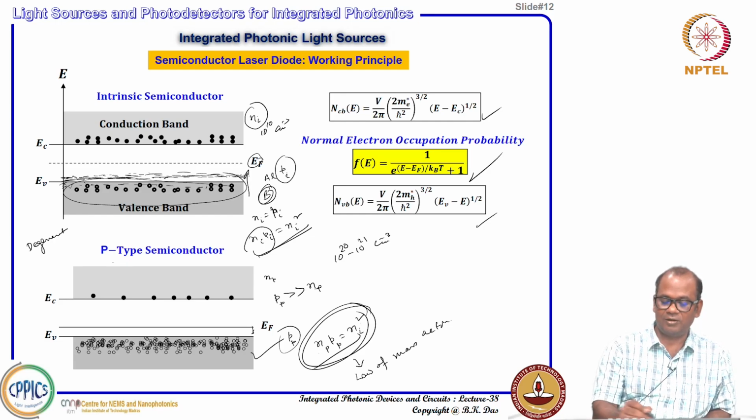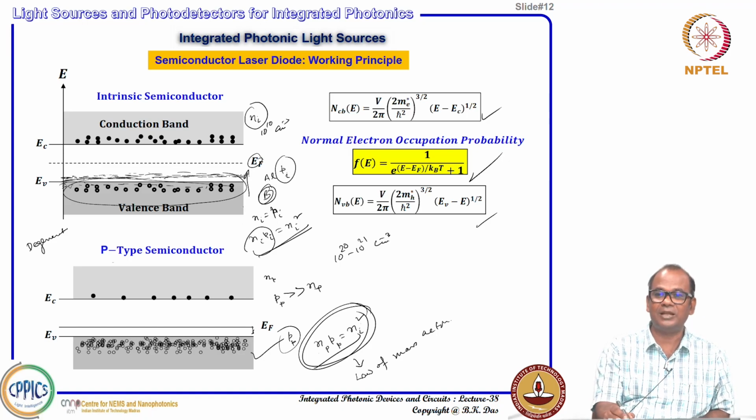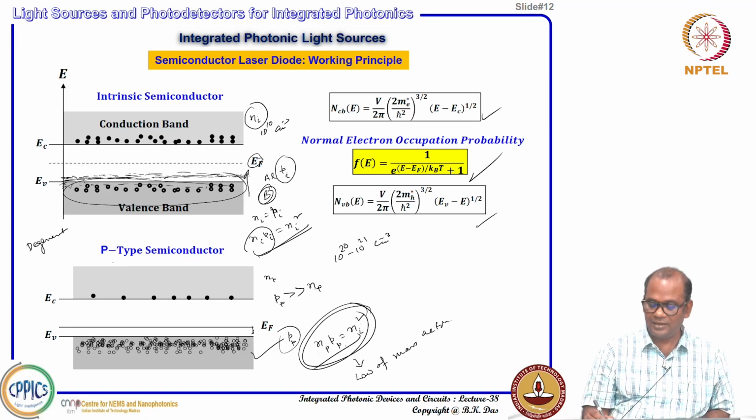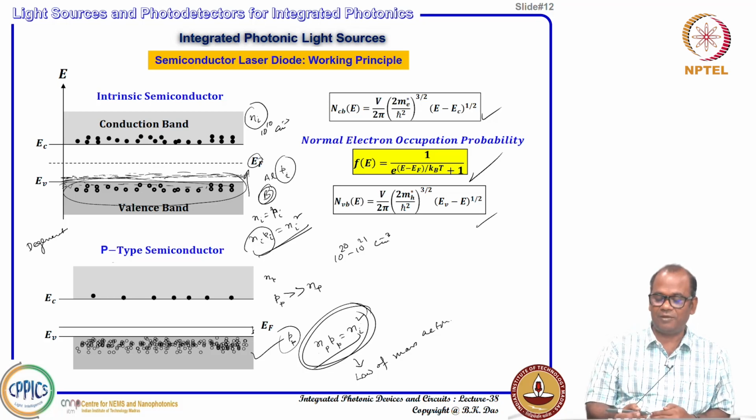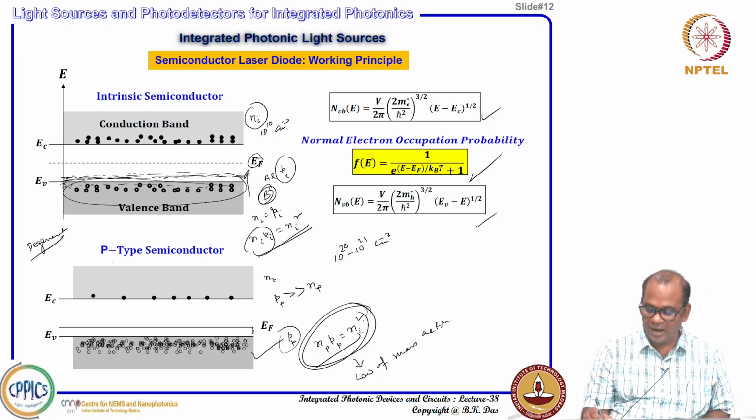In a degenerate semiconductor, the Fermi level can be pushed inside the valence band for p-type. Since additional energy levels penetrate inside the valence band, it is a degenerate semiconductor, and that is the reason n_p and p_p will not be equal to n_i square in that case.